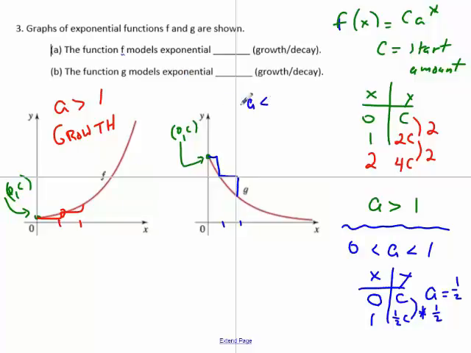If a is between 0 and 1, then I've got decay. And a decay graph looks like this. A growth graph looks like this. Growth happens when a is greater than 1. Decay happens when a is less than 1, and a also has to be greater than 0. And there's our situations for, just in general, growth and decay.